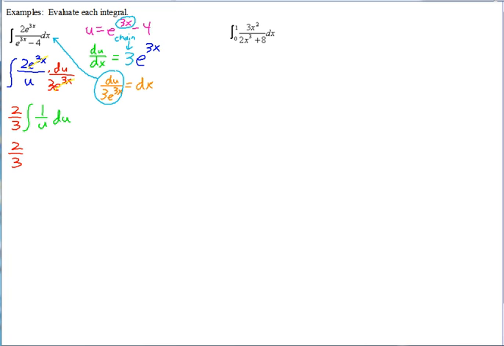When you integrate 1 over u, that gives you, using our new formula, the natural log absolute value of u plus c. And then the last step again, get it back in terms of x. So substitute back in, e to the 3x minus 4, back in for u. So you get 2/3 times the natural log absolute value of e to the 3x minus 4, and then plus c.